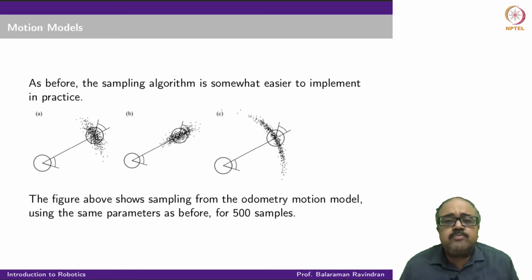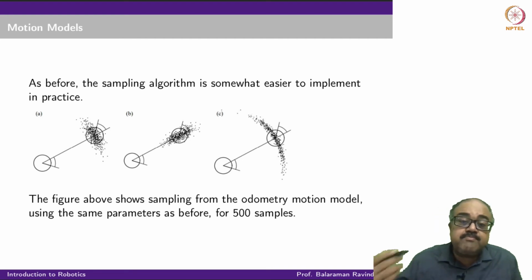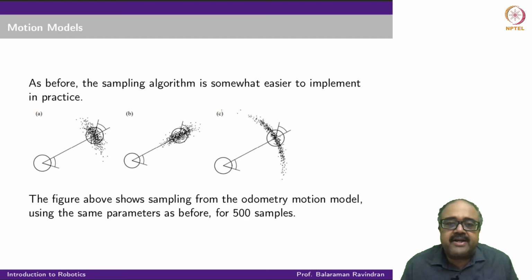But when we are trying to do planning, as we will see later, we really need to make predictions before the motion is completed. In such cases, we have to fall back on using something like the velocity motion model, right? So the odometry motion model can be used in cases where the motion has been completed, and we are just using the particle filter or the Bayes filters for state estimation. In such cases, we can use the odometry model because we really need it to complete.